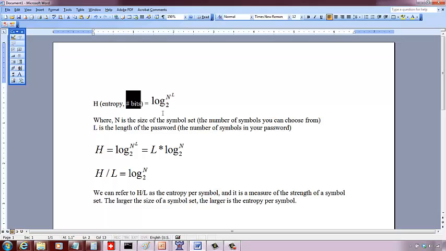It depends on the size of the symbol set, which is the number of symbols that you can choose from, and the length of the password, which is the number of symbols that could be part of your password.